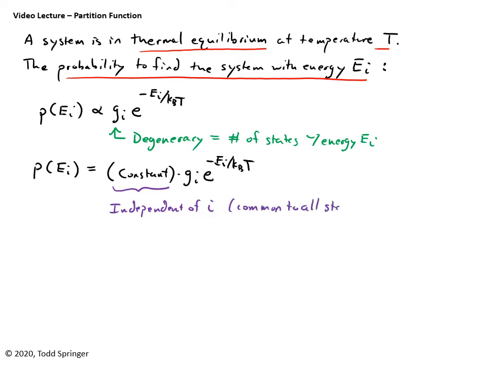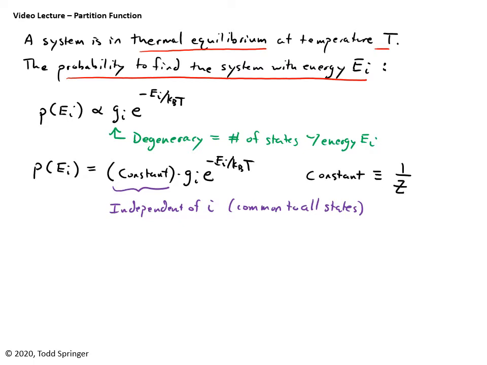So when I took the ratio of the probabilities in the previous lecture, that thing cancels out because it's the same for all states. And by convention, this thing out in front here is just defined, we're going to give it a name, and the name is 1 over Z, and that's just convention.